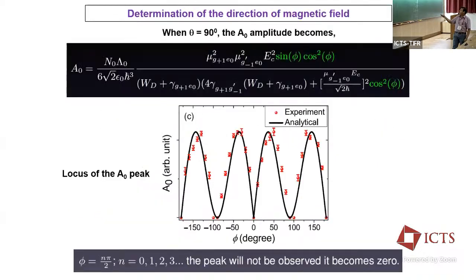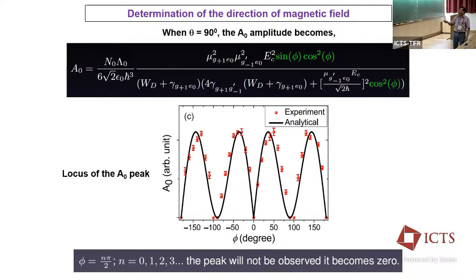This A0 amplitude is defined by this whole term, where you see there is an oscillatory term which comes due to phi. Phi means the change of the polarization axis. So you see those nodes that we got here: if we change phi and rotate it, then at certain points, phi equal to n pi by 2, the peak will not be observed and becomes 0.